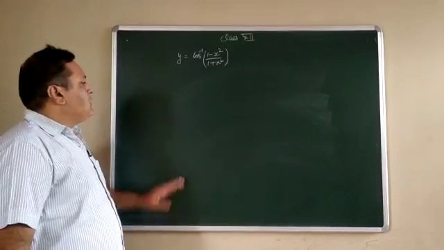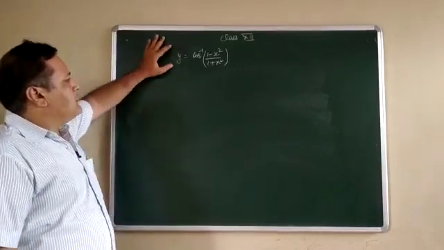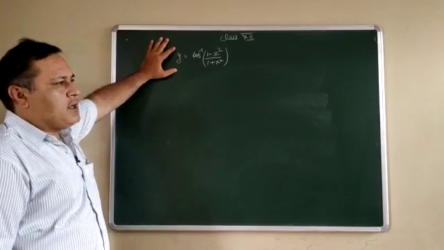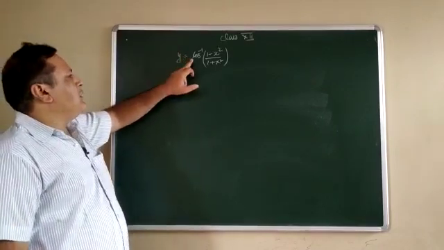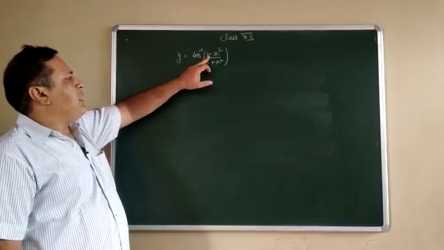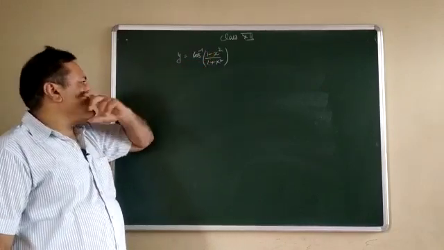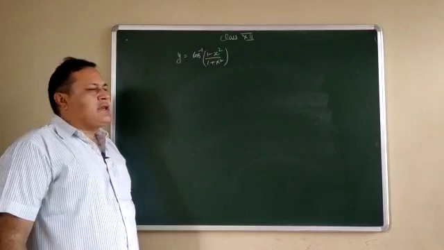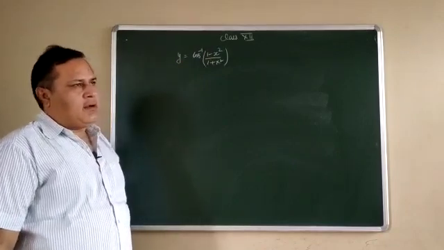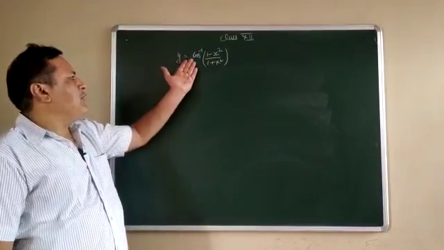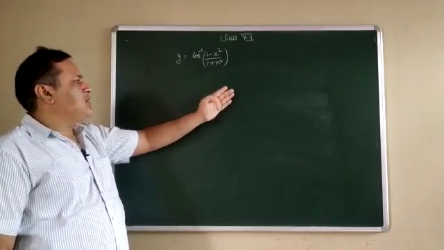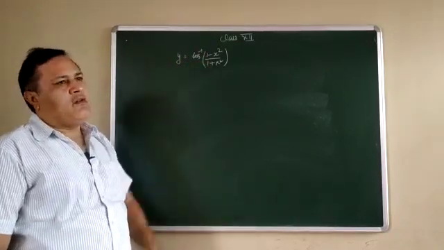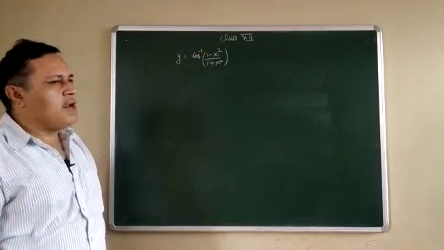Now we discuss the derivative of a function in which inverse functions are given to you. y is equal to cos inverse of (1 minus x square) upon (1 plus x square). This question can be done by two different methods. One, you take the direct derivative of cos inverse, minus 1 upon under root of 1 minus the argument square, then the derivative of the argument. That method is quite typical and long.